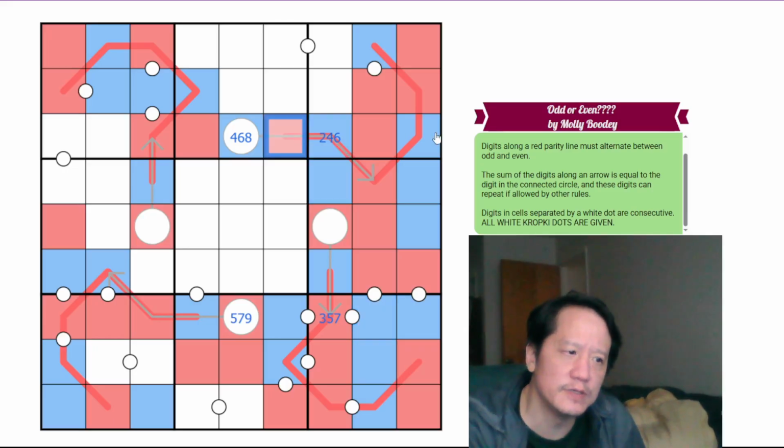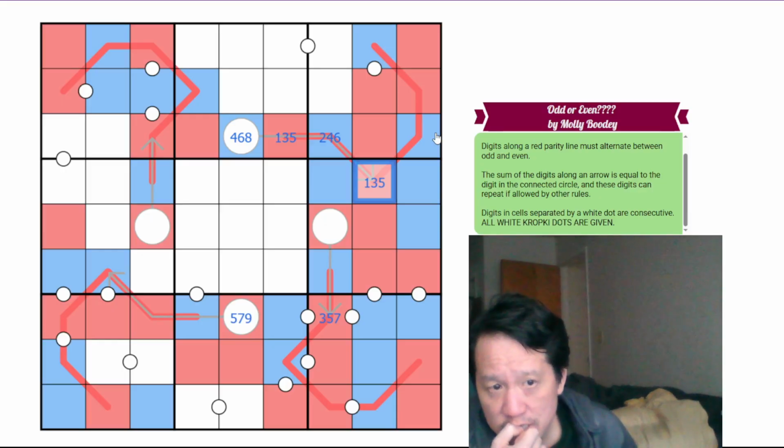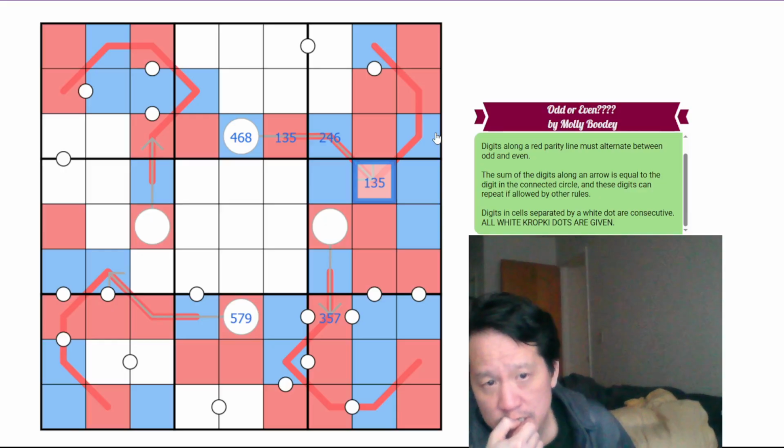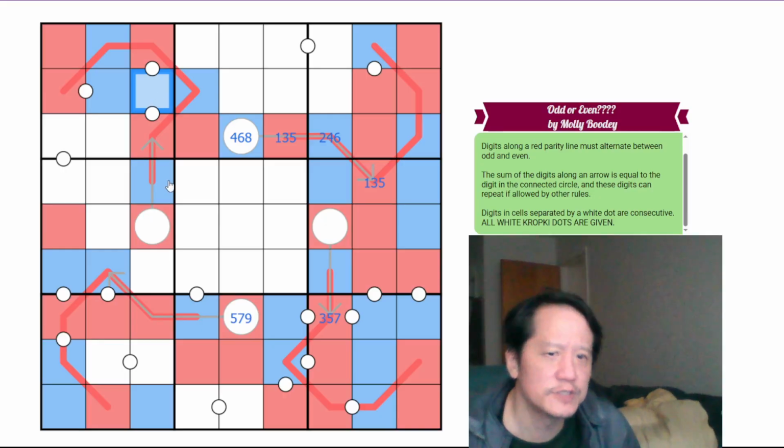This cannot add up to 7, so it's 1, 3, or 5. This is at minimum 1 and 2, so this is 5 at most also. This is consecutive between 2 unique digits, but that doesn't tell us much.